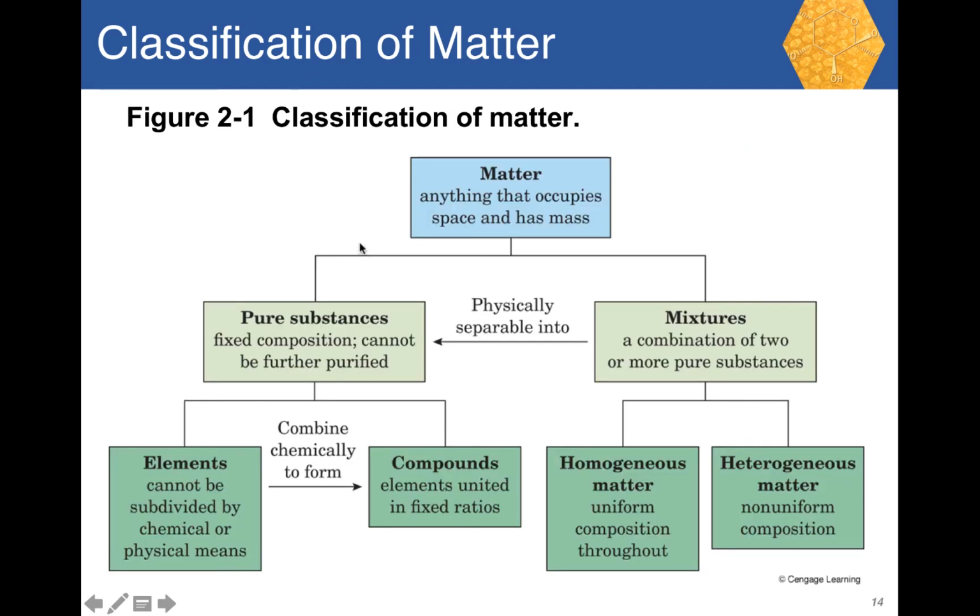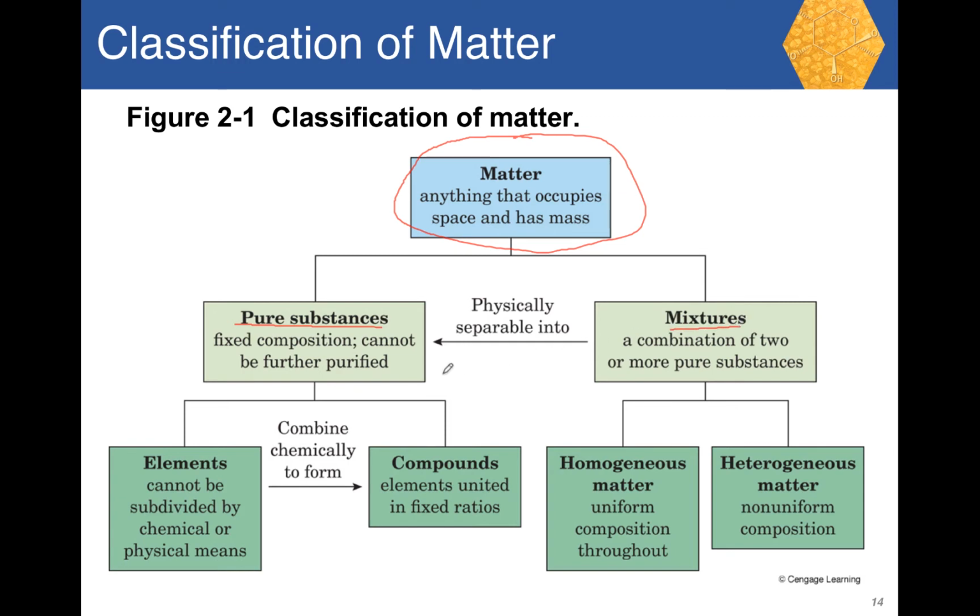Okay, so this is a summary of what we just discussed here. So we have matter, just about anything that occupies space and has a mass. So look around your environment, you will see matter. That can be classified as a pure substance, a pure matter, or a mixture.